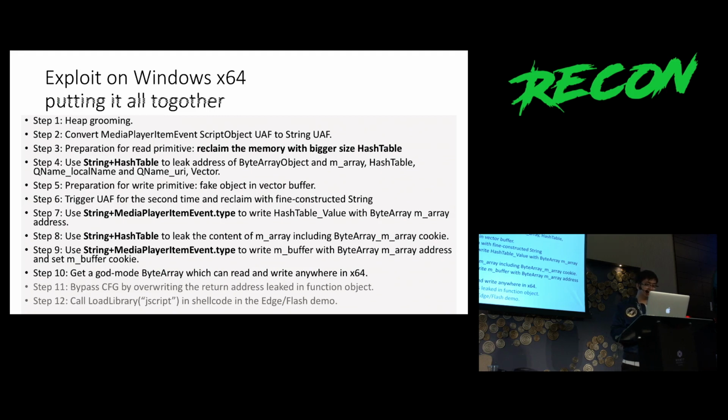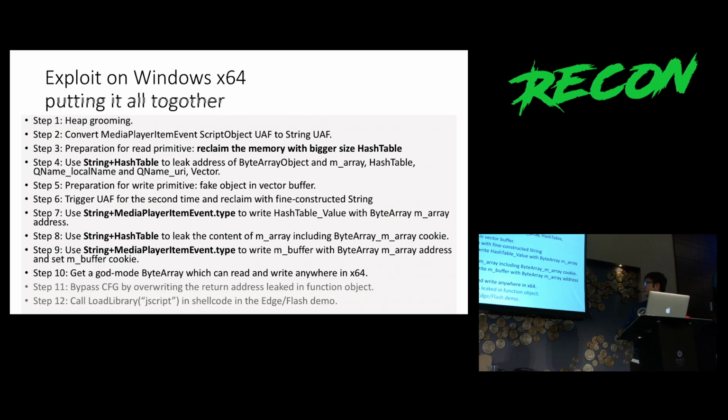And in step 8, we leak the content of memory, including the memory cookie. In step 9, we use string and MediaPlayerItemEvent type to override the buffer with the memory address and set the memory cookie. Eventually, in step 10, we get a God mode ByteArray which can read and write anywhere in x64.